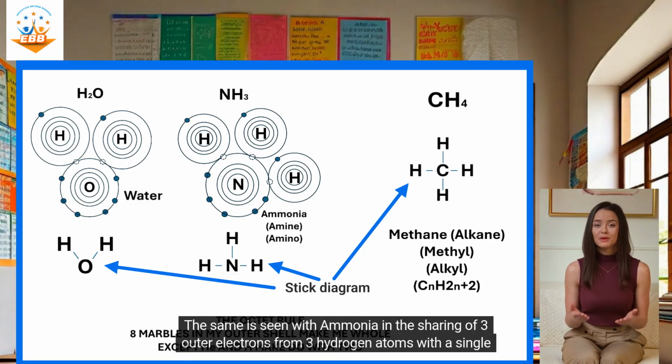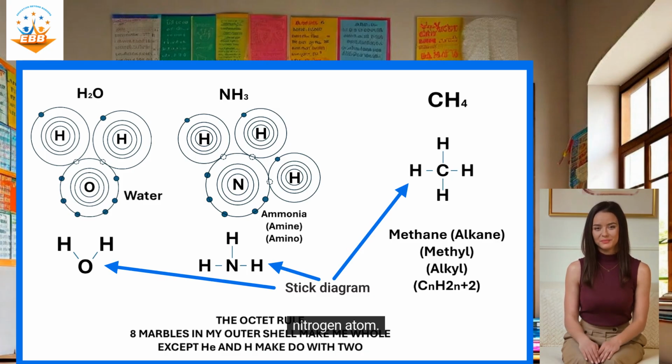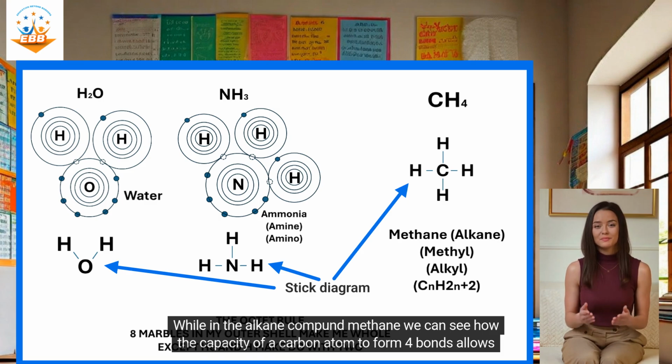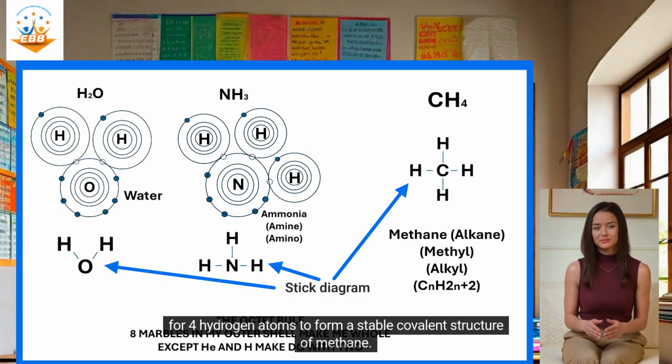The same is seen with ammonia in the sharing of 3 outer electrons from 3 hydrogen atoms with a single nitrogen atom. While in the alkane compound methane, we can see how the capacity of a carbon atom to form 4 bonds allows for 4 hydrogen atoms to form a stable covalent structure of methane.